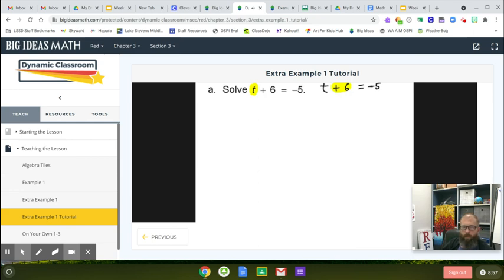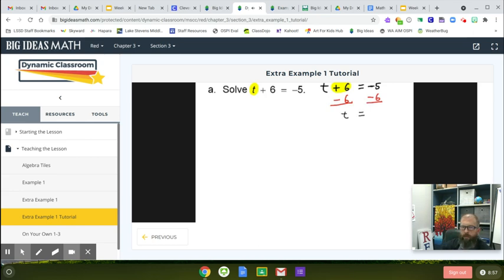The operation of subtracting 6 undoes adding 6. So if you subtract 6 from one side, then you can subtract 6 from the other side, and by the subtraction property of equality, we know that will give us an equivalent equation. When we subtract 6 on the left side of the equation, we end up with t plus 0, or simply t.